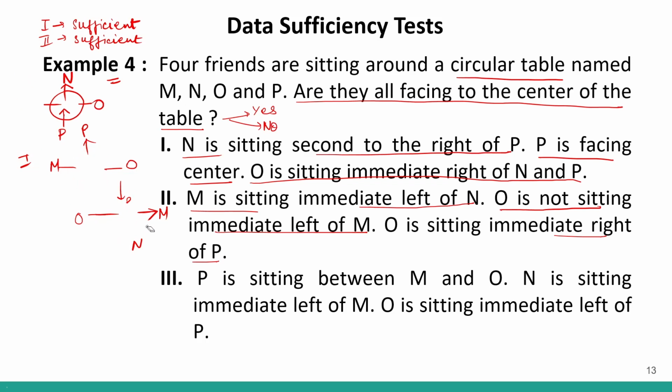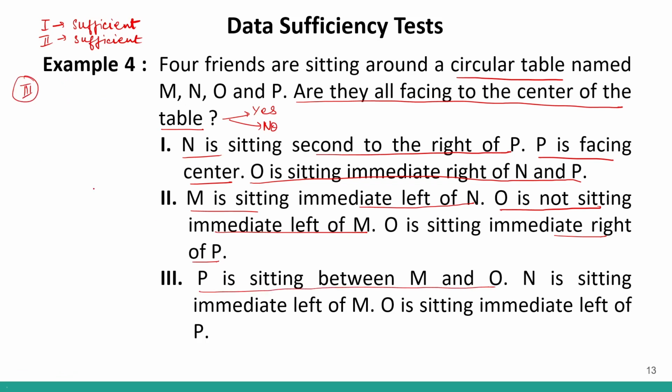Now let us look at statement number 3. Statement number 3 says that P is sitting between M and O. So P is here, M, O is here, or second possibility, P is here, we have M over here and O over here. N is sitting immediate left of M. So immediate left, M will be facing outside, N will be sitting over here.